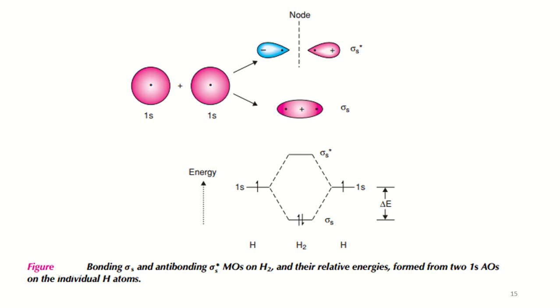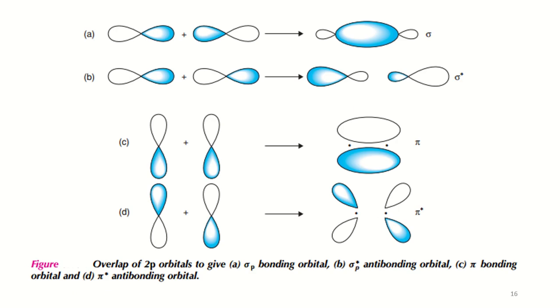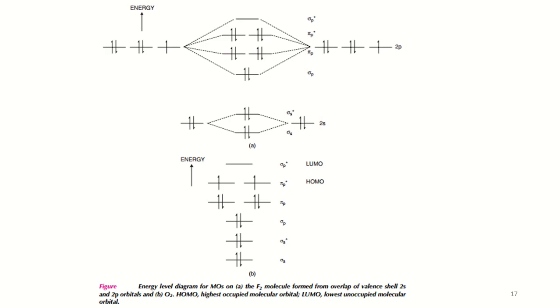As we already discussed the bonding and anti-bonding molecular orbitals and the overlap of 2p orbitals to give the sigma p bonding orbitals, anti-bonding and pi bonding and anti-bonding orbitals. So for a molecule in which both s and p outer shell atomic orbitals are involved in bonding, I would like to show the schematic energy diagram of this type of compound here.